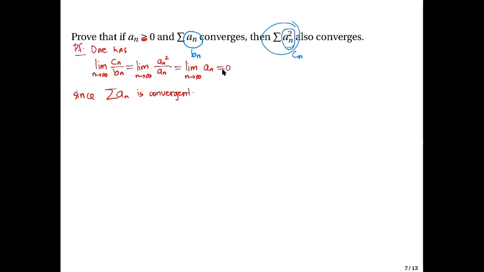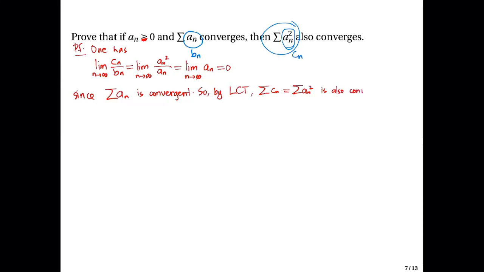Now, the limit is equal to 0 and your Bn, this series here, is convergent. So your Cn must be convergent. By LCT, limit comparison test, the series Cn, which is just your series an squared, is also convergent.